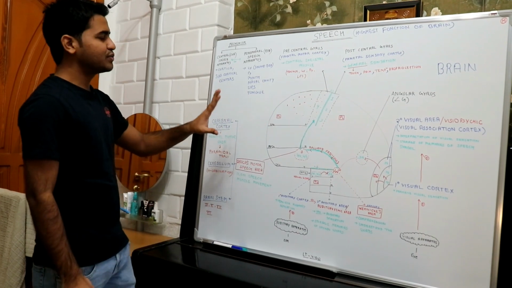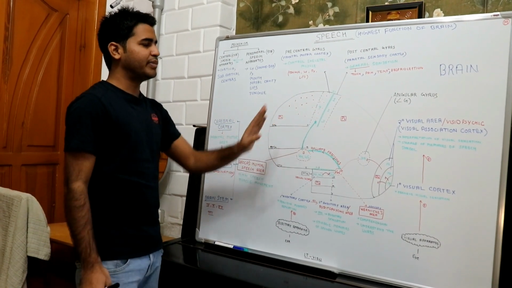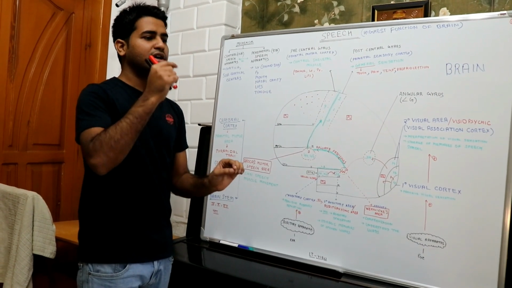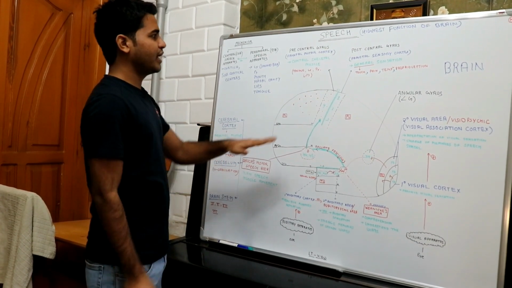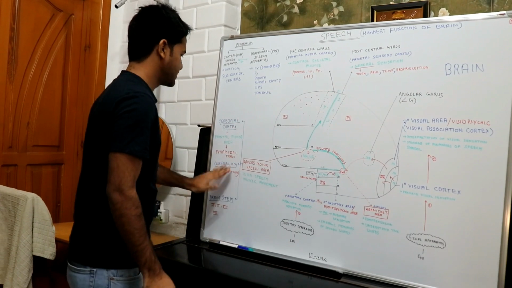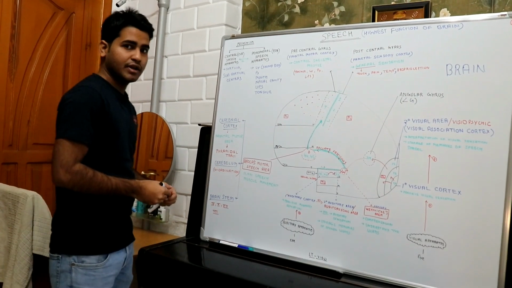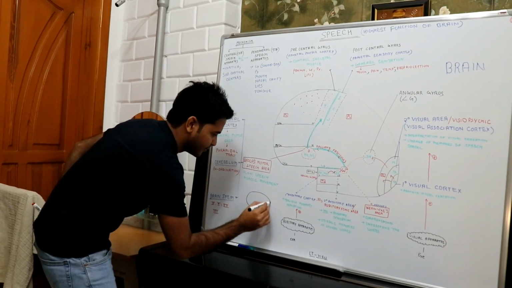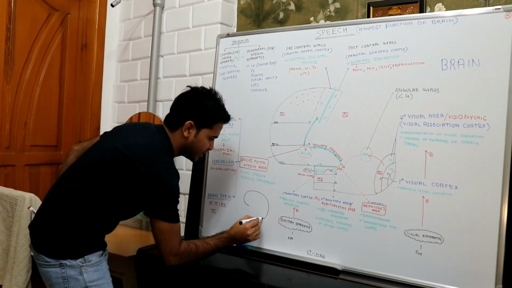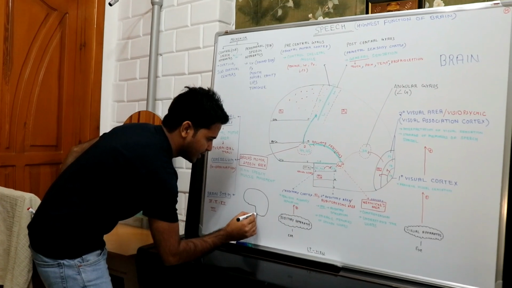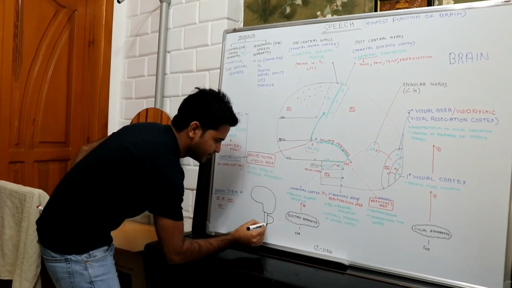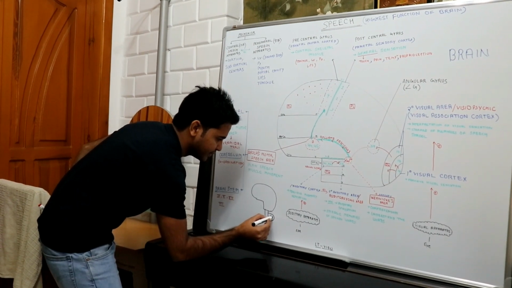So we have all the plans and all the impulses, but we have to coordinate our muscles, our tongue muscle with the lips. So we have to go to the cerebellum. This is the brain, and we have the cerebellum here.